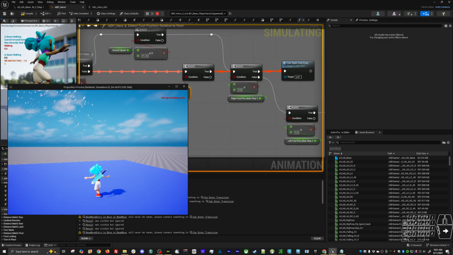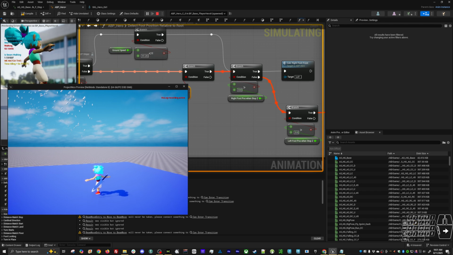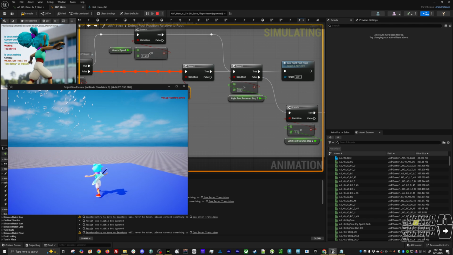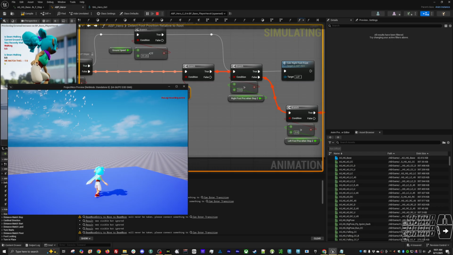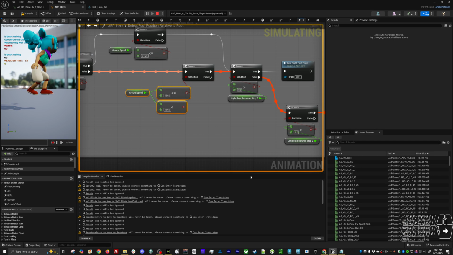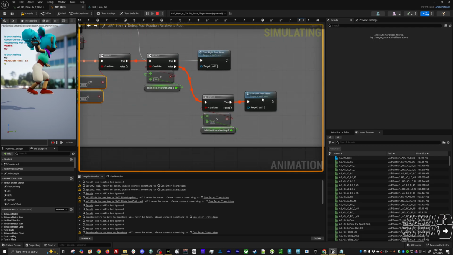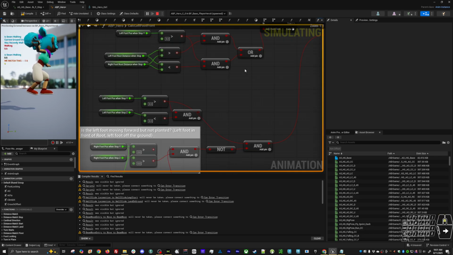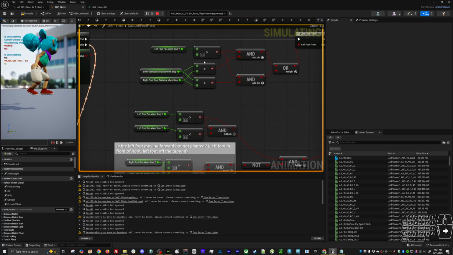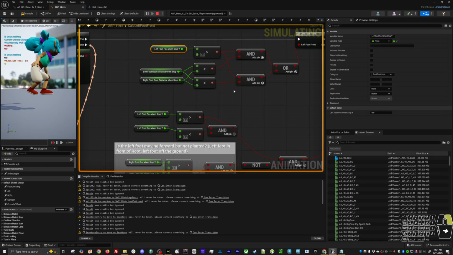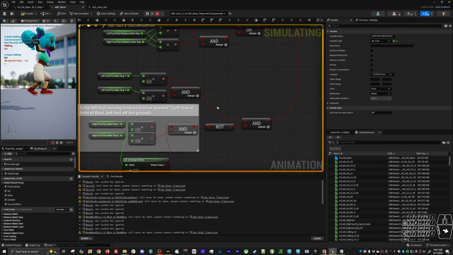Let's put this up. So it seems like when our left foot ends up in front and we're passing through here, and we're calculating if the left foot is in front. So we're doing a check on the left foot the same way we were doing a check on the right foot.